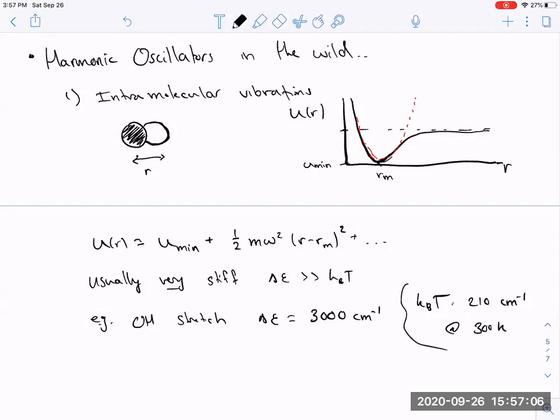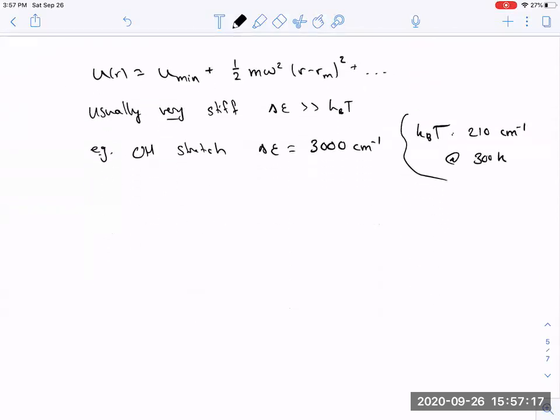So indeed, typical vibrational excitations are very large on the scale of thermal fluctuations. So most covalent bonds, their vibrations at ambient temperature are in their ground states. You see very fleeting, very few excited vibrational states just over the course of thermal fluctuations.